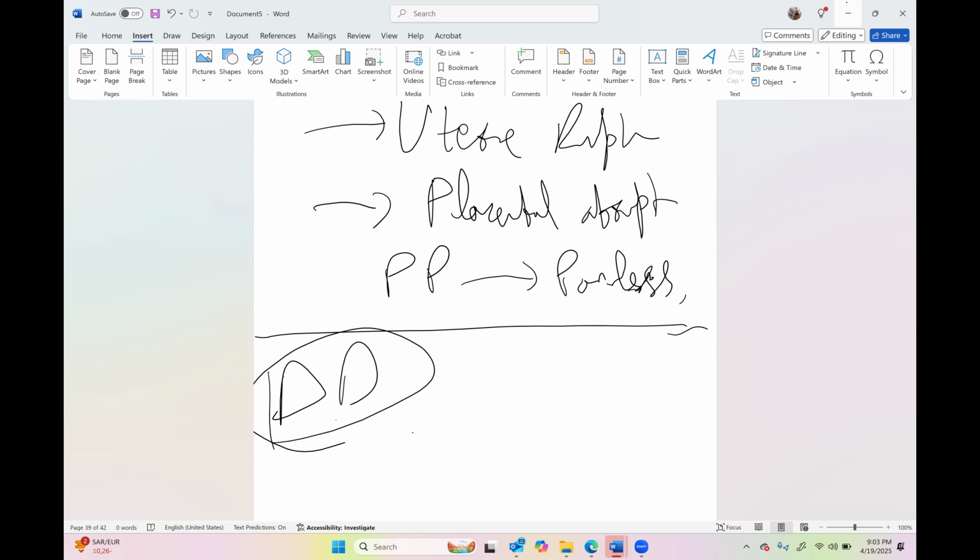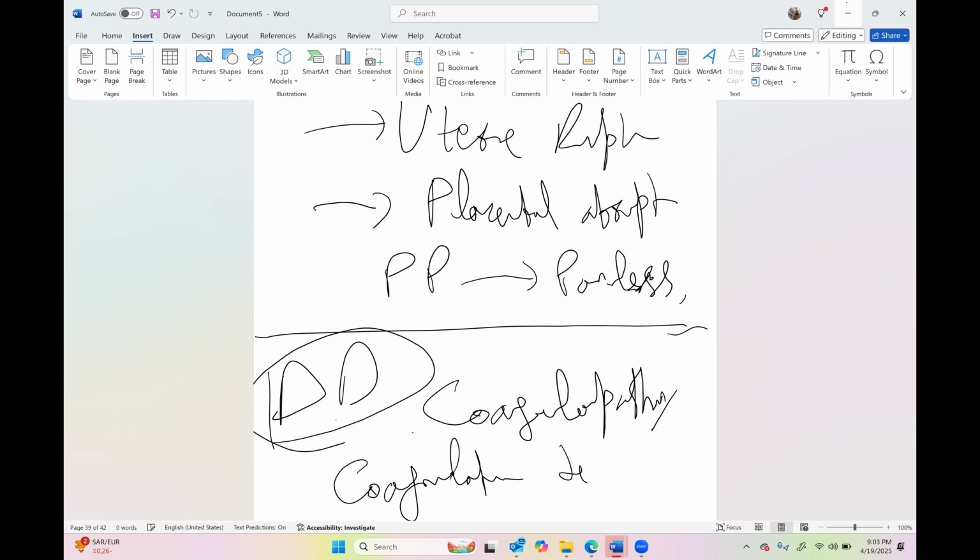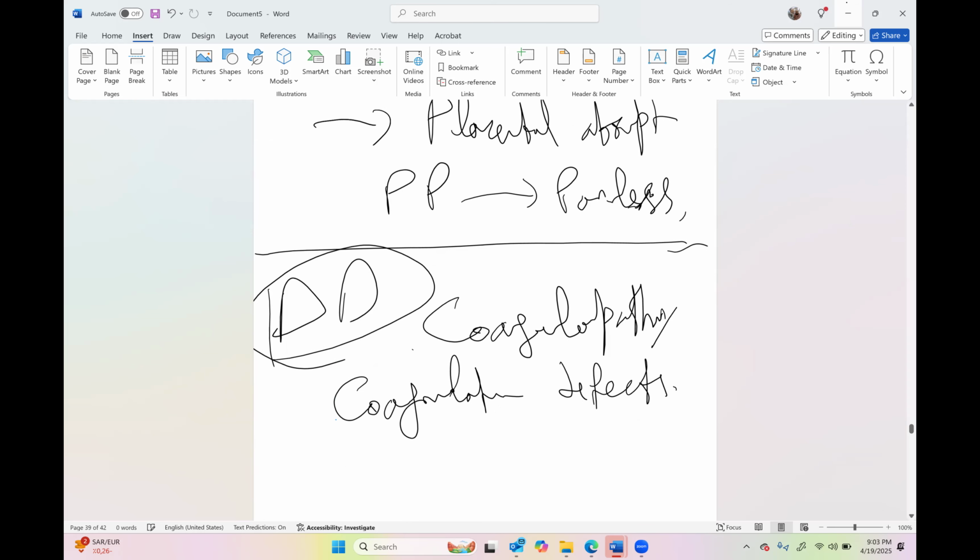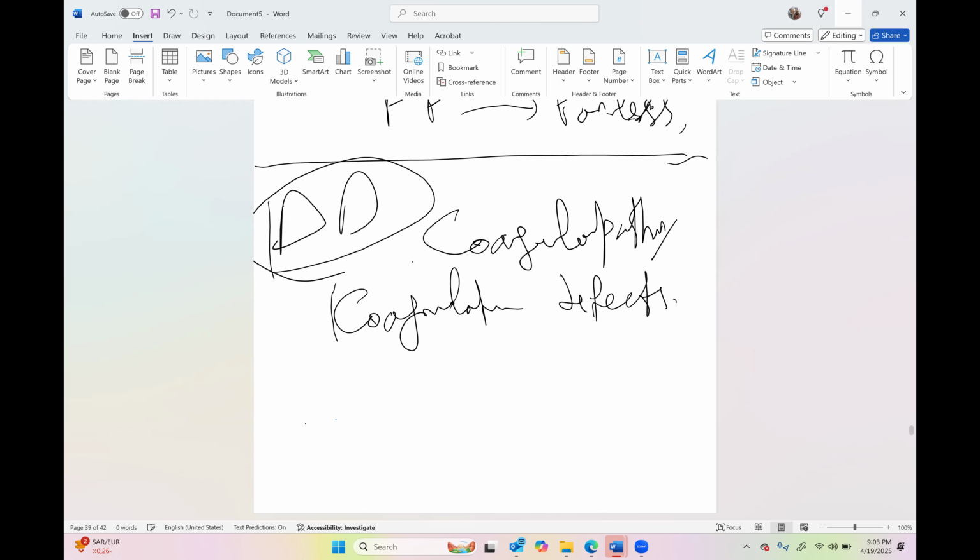It could be a coagulopathy patient. Very good. Coagulopathy or coagulation defects, yes. What else? Hematoma, epidural hematoma. Epidural hematoma will cause maternal bleeding.